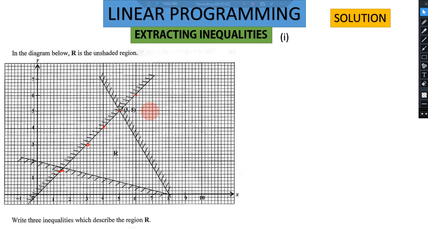So if a line is passing through the origin and connecting those points, we say that is y equals x. Because it is slanting on the positive side of x, the x will be positive.